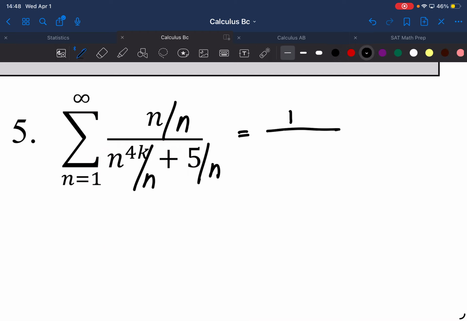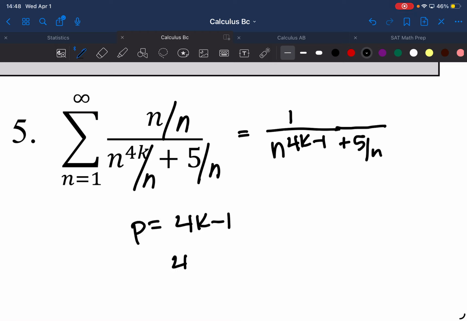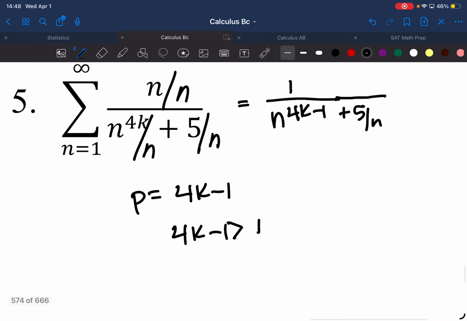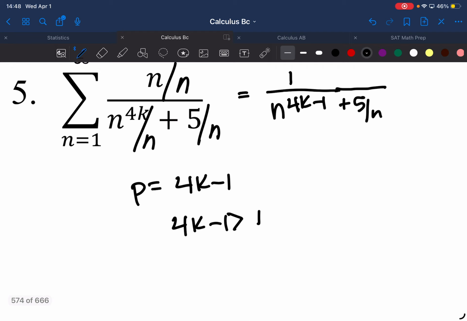Good, n to the 4k minus 1, and then just bring over the plus 5n. We don't need to worry about that. We only care about the p-value. So that means our p-value is 4k minus 1. We still want this to converge, so we need to see when it is greater than 1. So I add 1 to the other side.